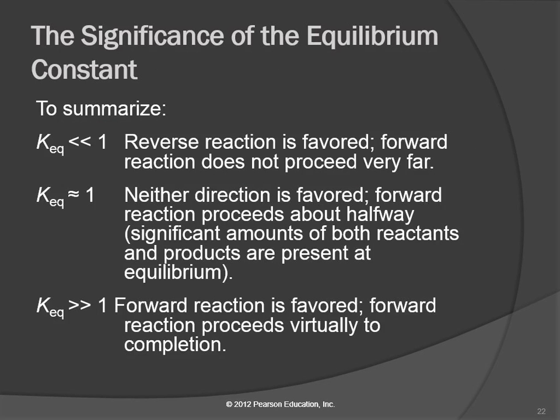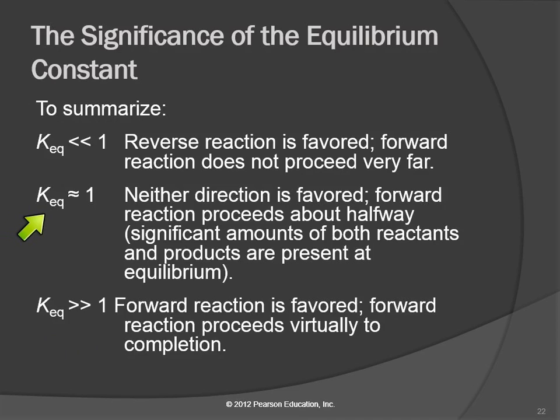So, summarizing, if KEQ is very small, meaning a lot less than 1, the reverse reaction is favored. The forward reaction does not proceed very far. You've got a lot of reactants, very little product. If KEQ is big, the forward reaction is favored. We've got a lot of product and very little reactant.